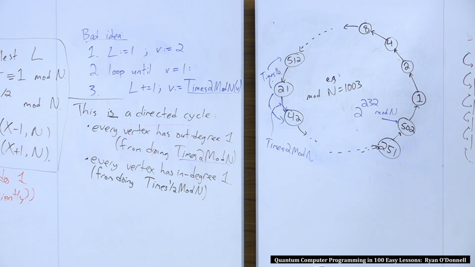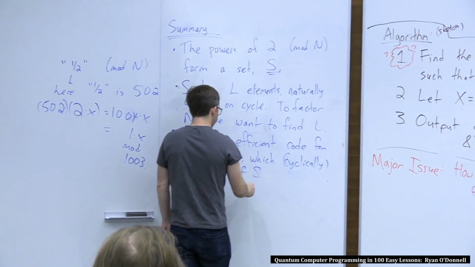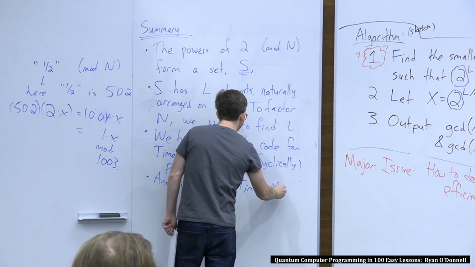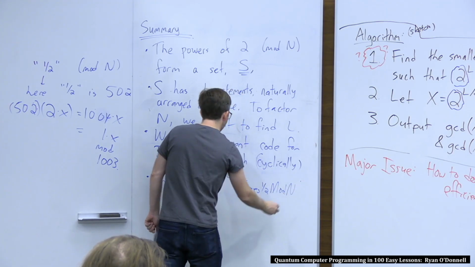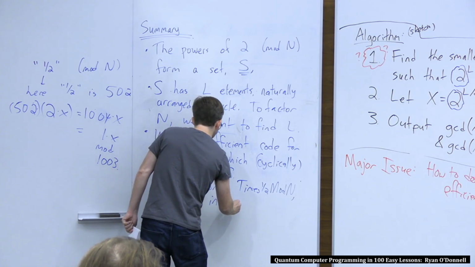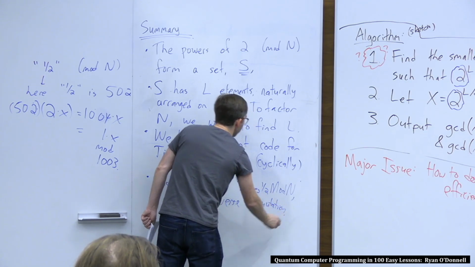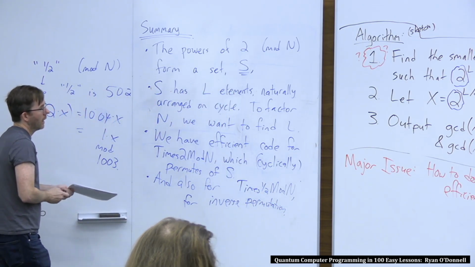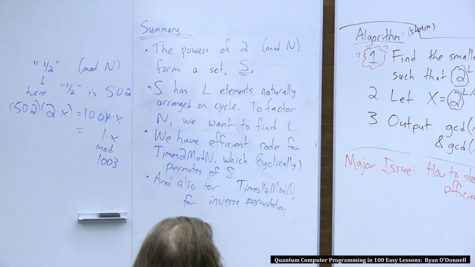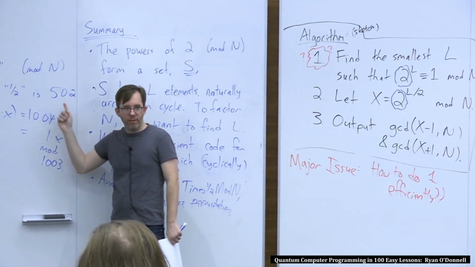Moreover, we also have the inverse permutation, which is times a half mod n. Okay, so we can make some efficient code where you give it 42 and it outputs 21, and you give it 21 and it outputs 11, and so forth. And that's just, in this particular case, multiplying by 11.